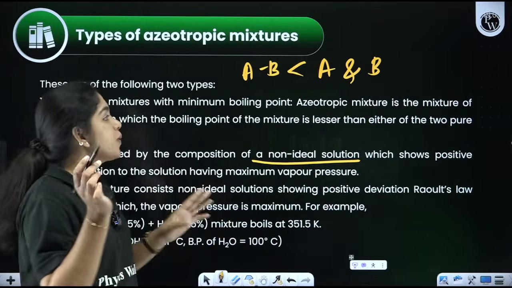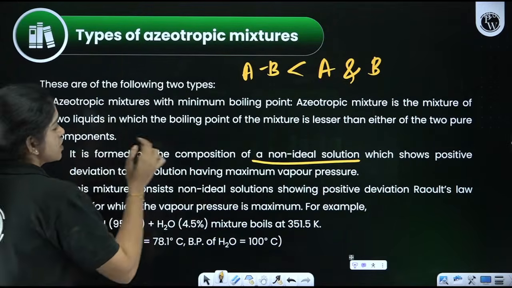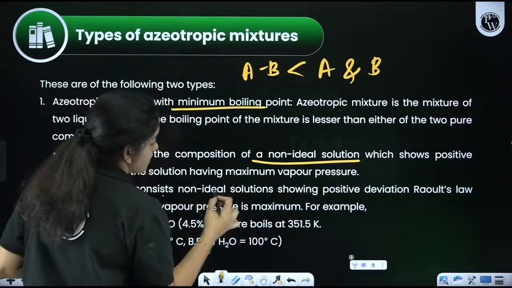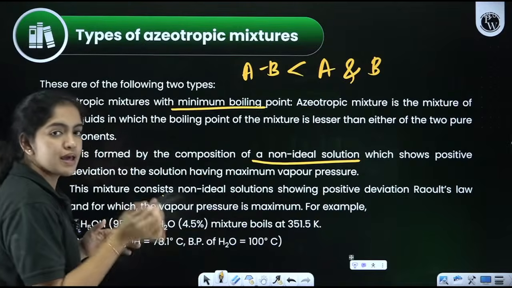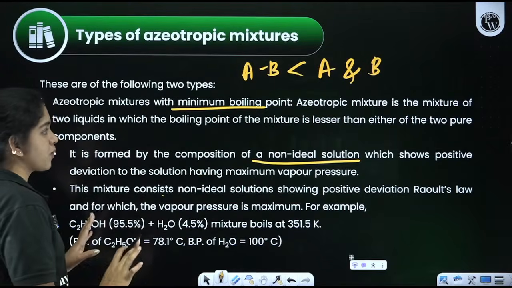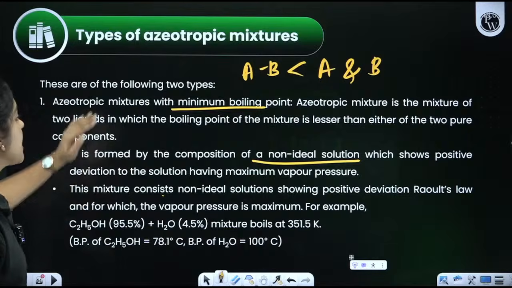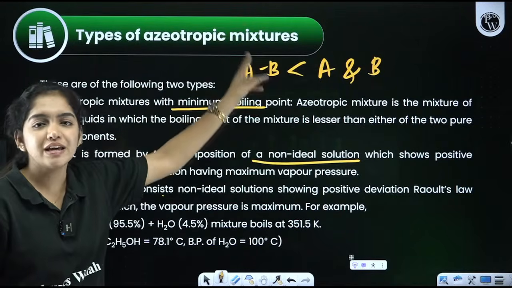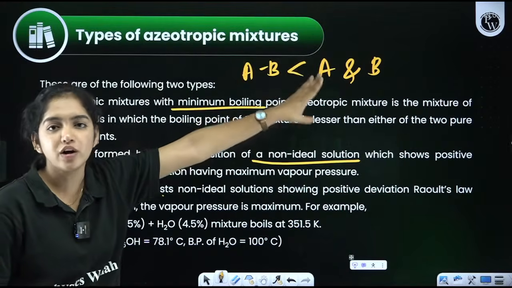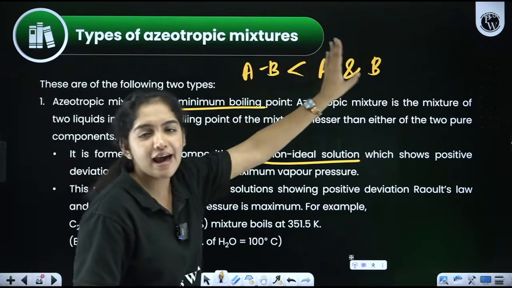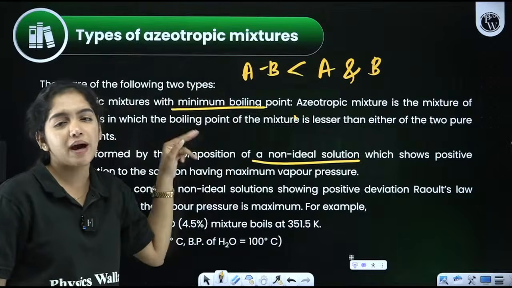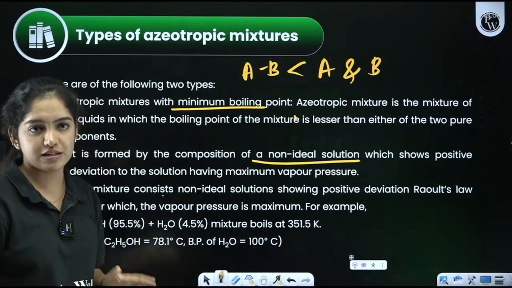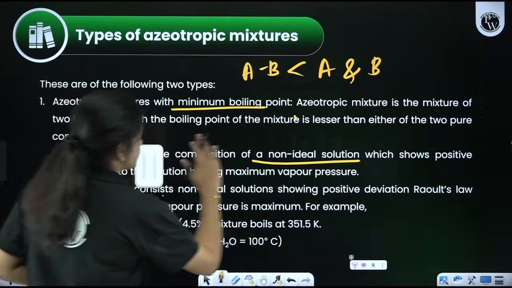Positive deviation is shown by minimum boiling point, and maximum boiling point is shown by negative deviation. Two cases, just opposite. Azeotropic mixture with minimum boiling point means the mixture will have a lower boiling point than the pure ones. AB is less than A and B, and it is shown by positive deviation solutions. Okay. Then, next one.